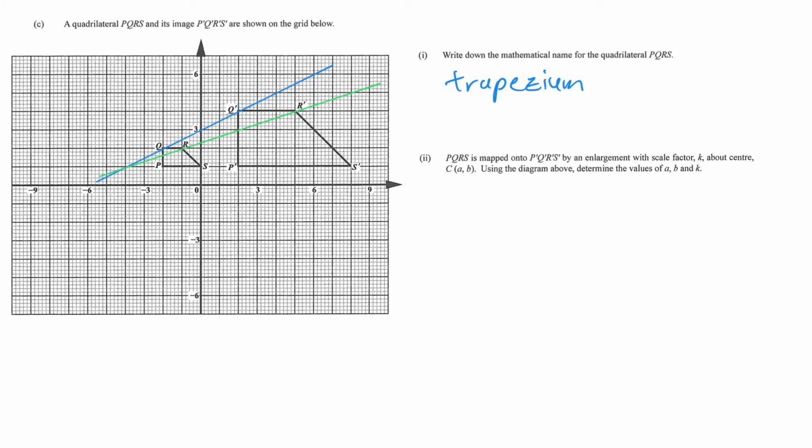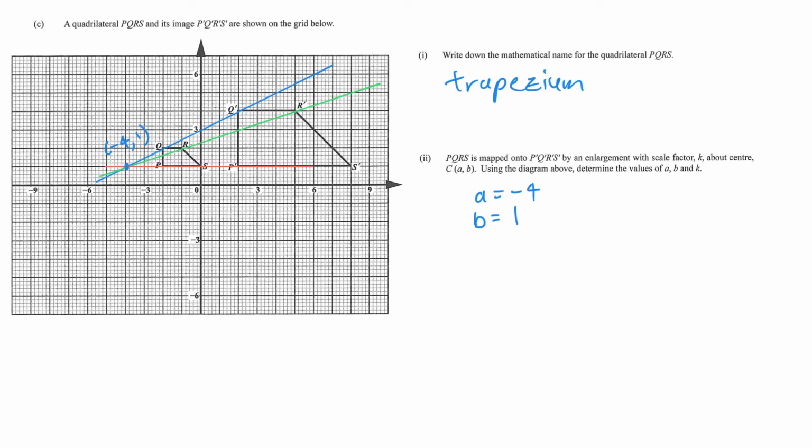I see that there's an intersection point, and that intersection is the center for this enlargement. I can also draw a line from P to P', and those three lines intersect at the same spot. This point of intersection is the point (-4, 1). So in part 2, the answer for A is -4 and B is 1.